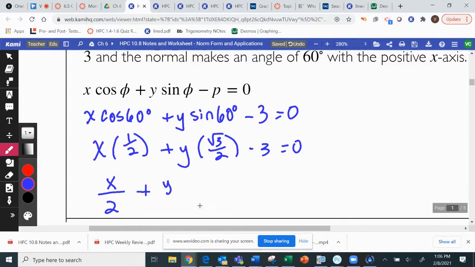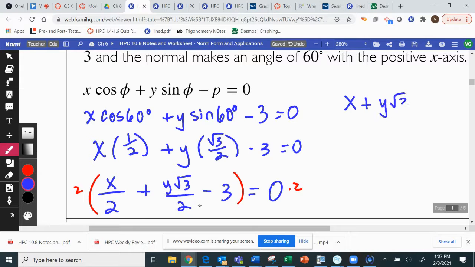Do you guys remember anything about standard form? You can't have fractions. Good job, Megan. So I'm going to multiply both sides by 2. And then we've got x plus y times square root 3 minus 6 equals 0.